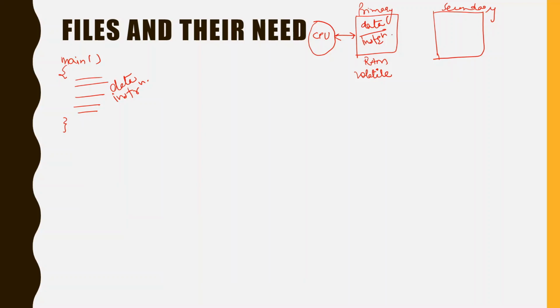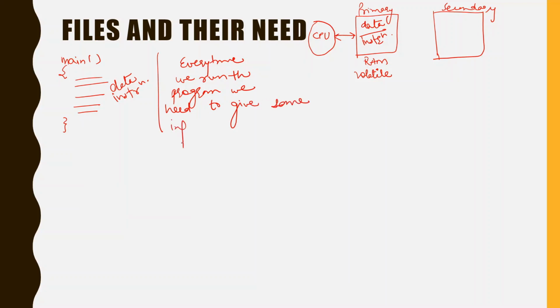But due to this problem, every time we run the program, we need to give the same input again. Suppose I need to give an array of 50,000 elements as input in the program.